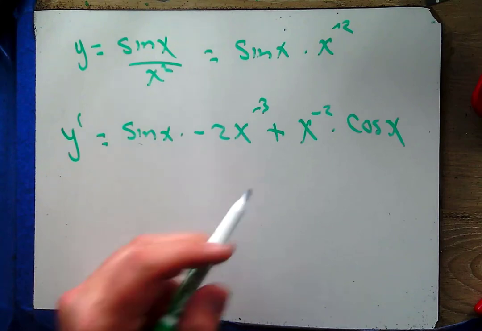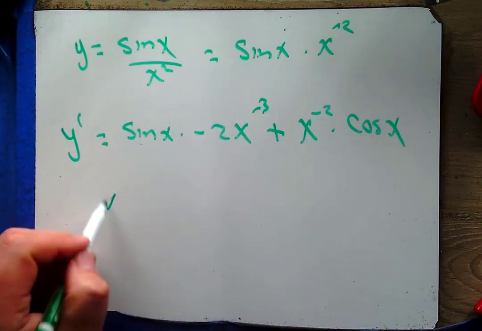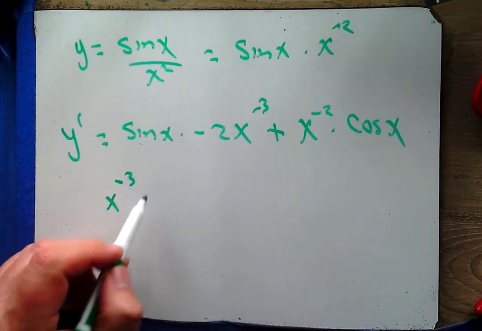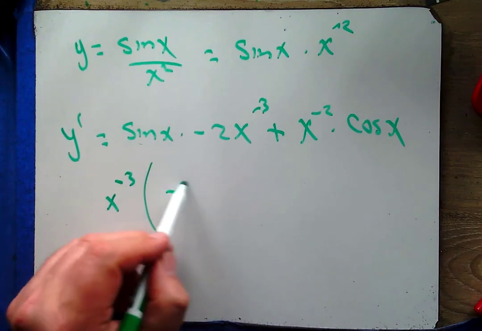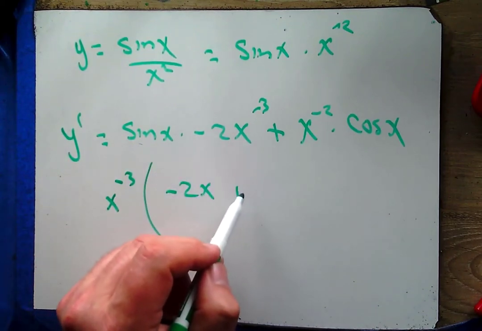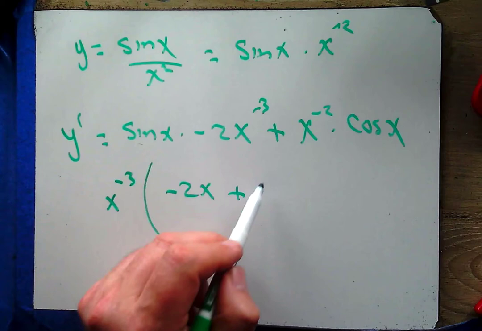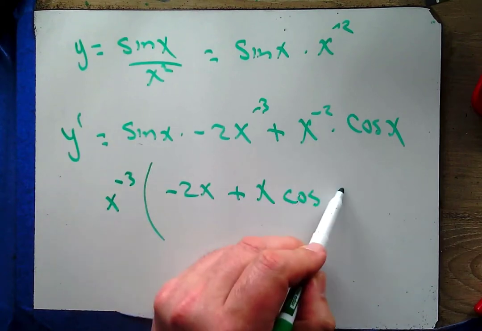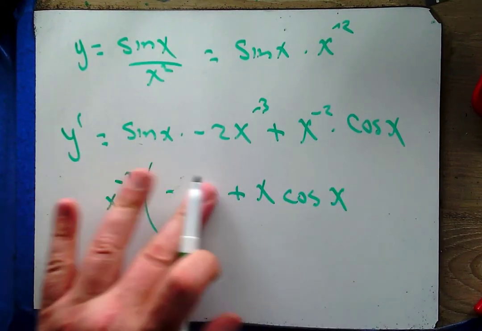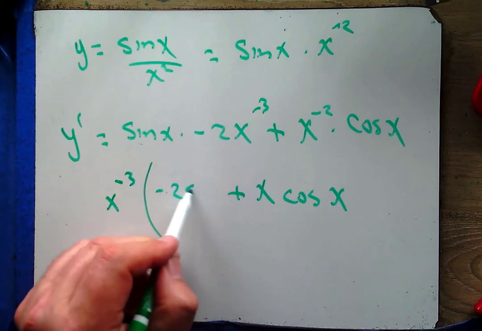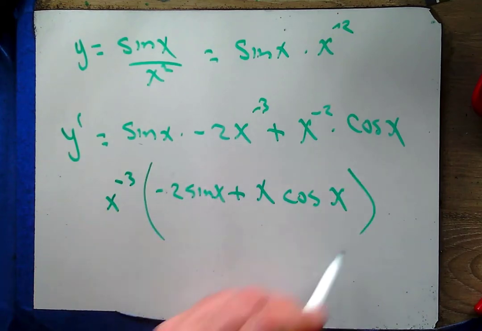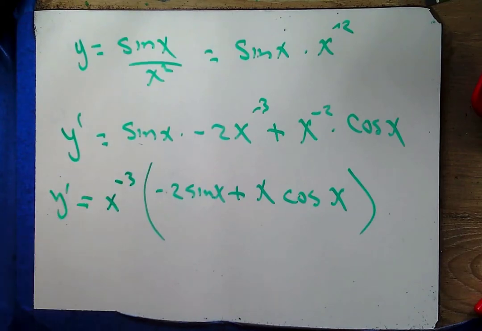Okay, so I could factor out an x to the negative 3, and I'm left with negative 2x plus x cosine x. Sorry, over here I meant negative 2 sine x. All right, so trig derivatives, not so bad, and doable.